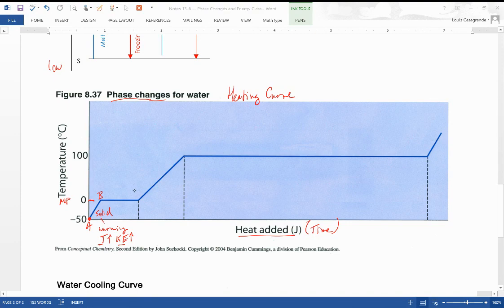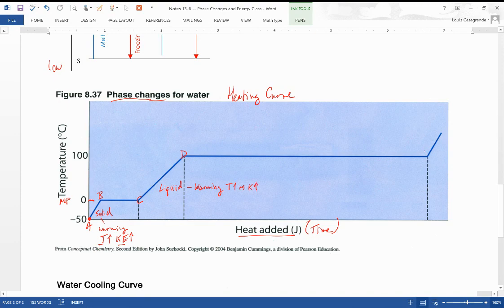And the same thing is going to happen. Here's point C and point D. Between point C and point D, the sample is all in the liquid phase. And again, the temperature goes up. It's warming as we put energy in. And the temperature goes up as the kinetic energy goes up.